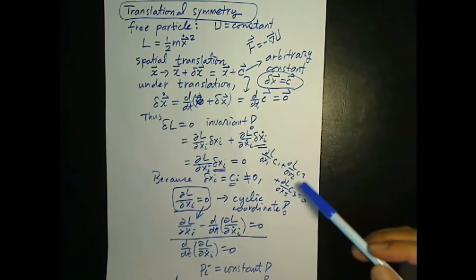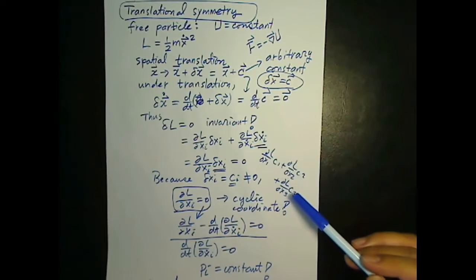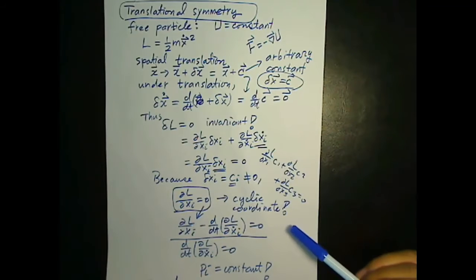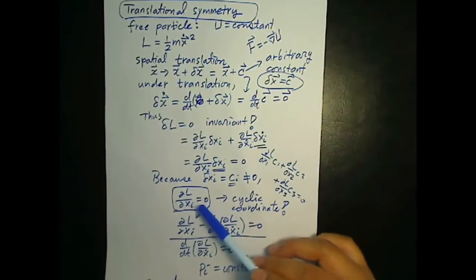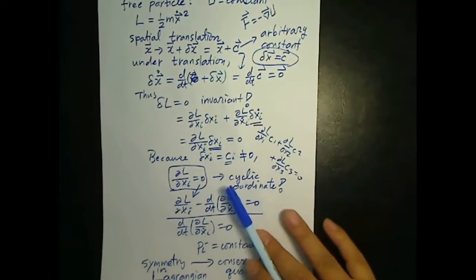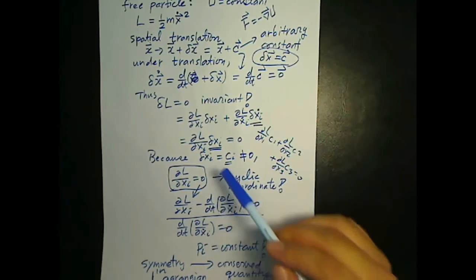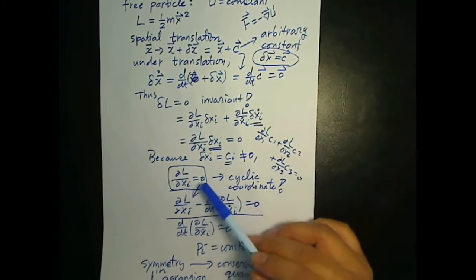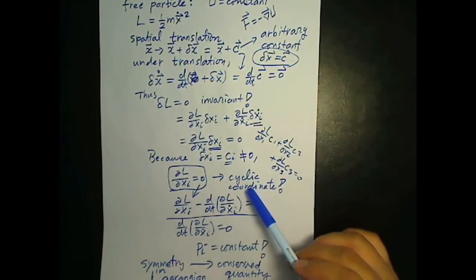In order to satisfy this identity for arbitrary c1, c2, and c3, all of the coefficients must vanish. That means the partial derivative of L with respect to any coordinate is vanishing. Thus it is a cyclic coordinate. x1, x2, x3, everything is a cyclic coordinate.